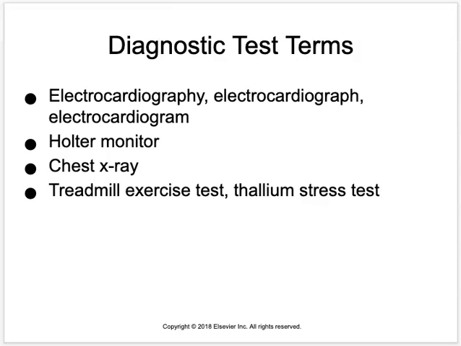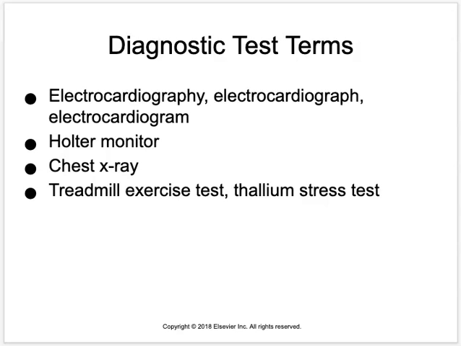Here we're looking at a few more diagnostic tests. The first chunk of terms up there uses our trio of suffixes, graphy, graph, and gram. So these should be easy. We talked about them in chapter 2 already. Electrocardiography would be the process of recording the electrical impulses of the heart.